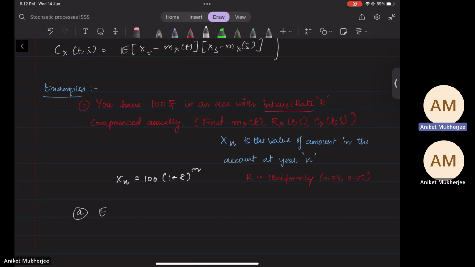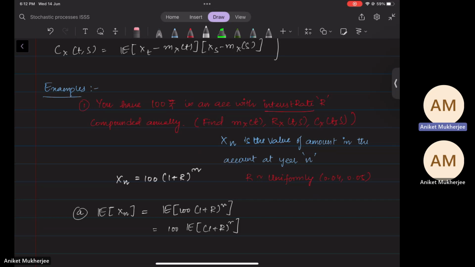First you want to find the expectation of xn. So this is basically the expectation of 100 into (1 plus r) whole power n, which is 100 into the expectation of (1 plus r) power n.